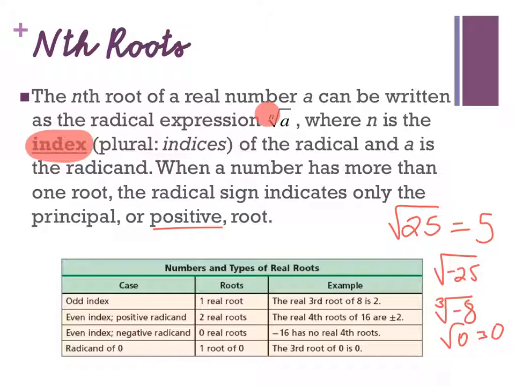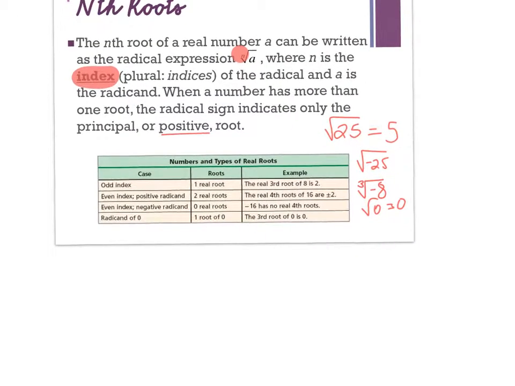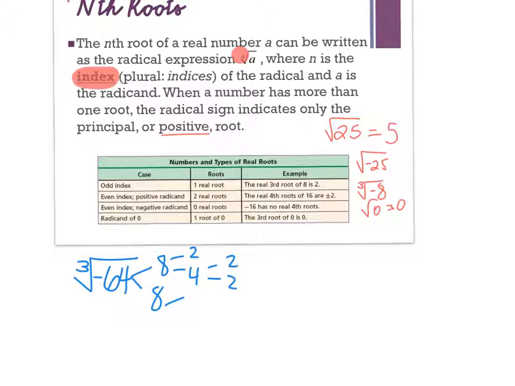Which one, the 0 or the odd and even? So if it's odd, it can be positive or negative, and I can find the root. So if this was 3 and this underneath was negative 64, let's say. If I break 64 down, I can say that this is 8 and 8. This is 2 and 4, 2 and 2, 2 and 4, 2 and 2. And you can actually bring a 2 out twice, which means it's 4.